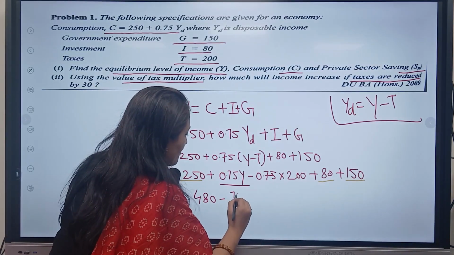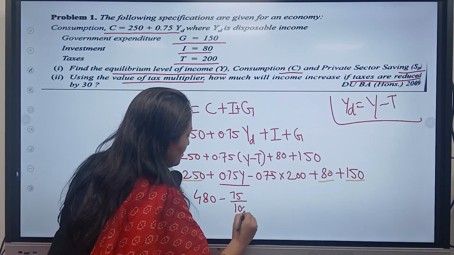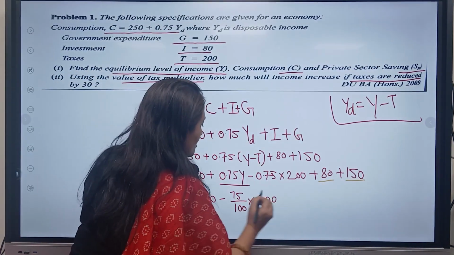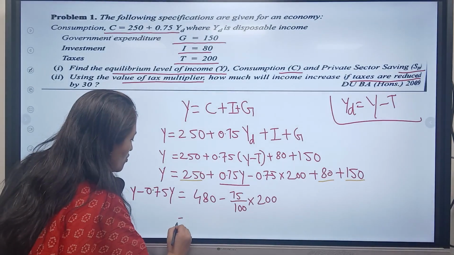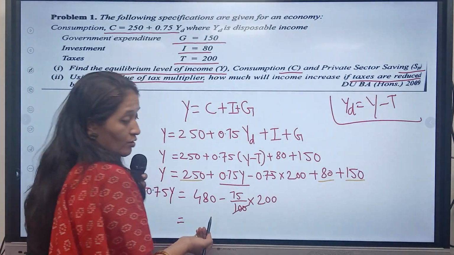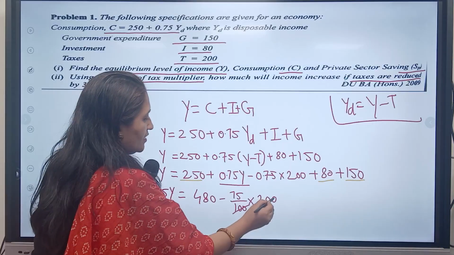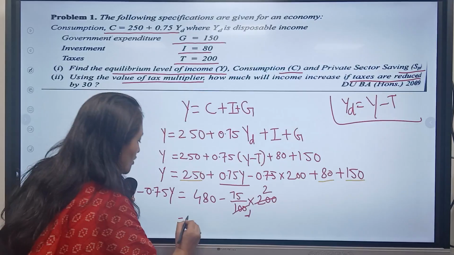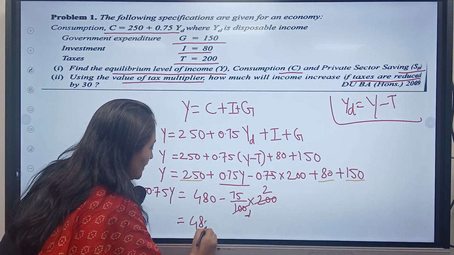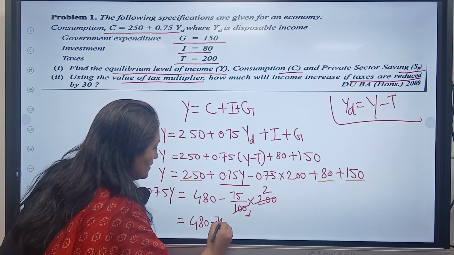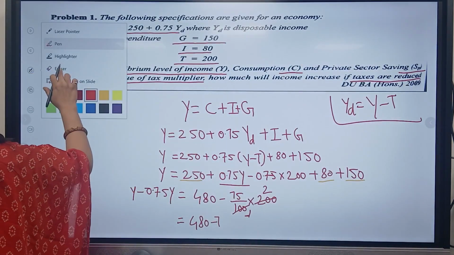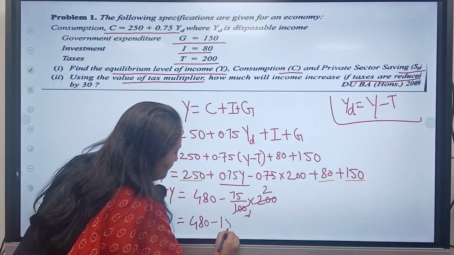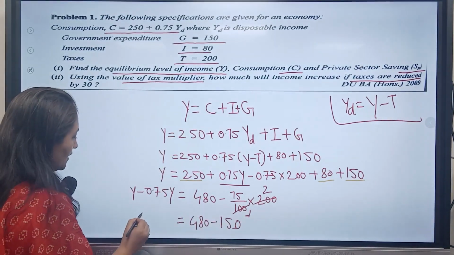I can write it as 75 upon 100, 75% of 200. So let's solve this. 100 ones are 100, 100 twos are 200. 75 into 2 is 150. So this is 480 minus 150 crore equal to this.